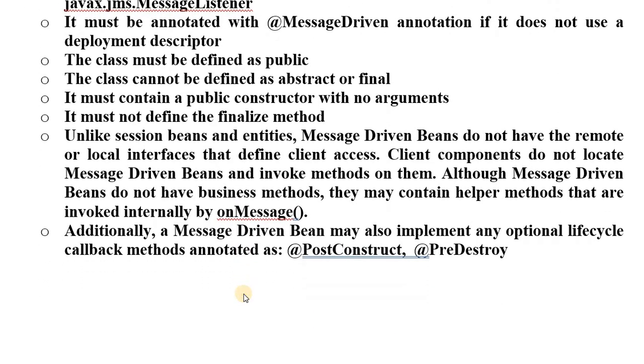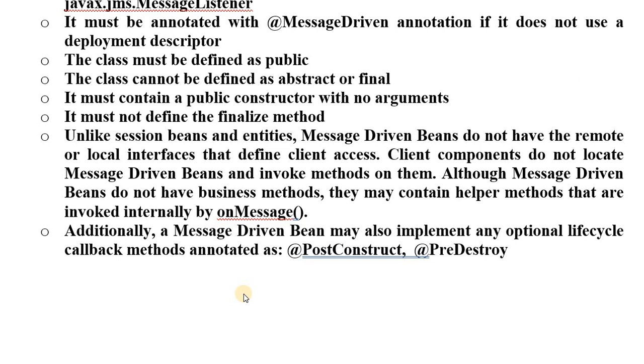Now, one method that your class should override is the onMessage method. In case you want to override any lifecycle methods like @PostConstruct or @PreDestroy, you can do that, but that is not compulsory. Whatever your business logic is, that must be in the onMessage method.